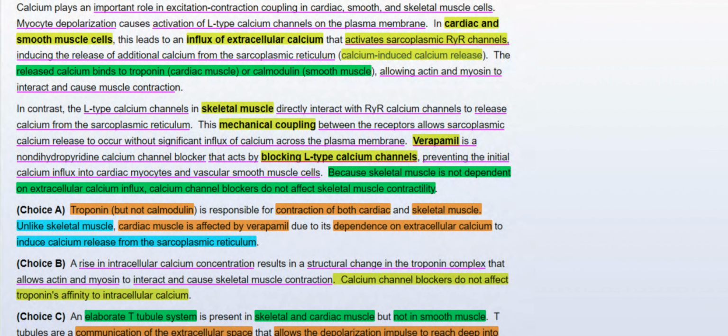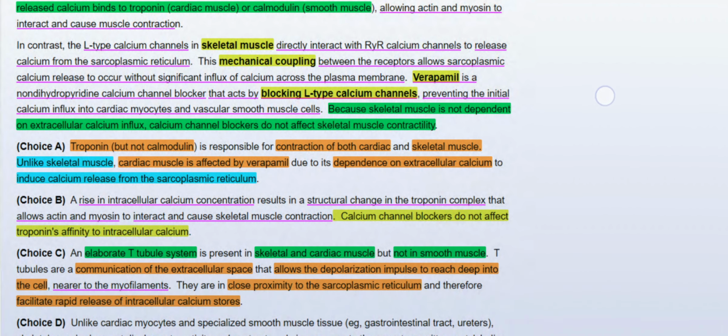Why not option A? Because troponin, but not calmodulin, mediates contraction of both cardiac and skeletal muscle. Unlike skeletal muscle, cardiac muscle is affected by verapamil due to its dependence on extracellular calcium induced calcium release from the sarcoplasmic reticulum.